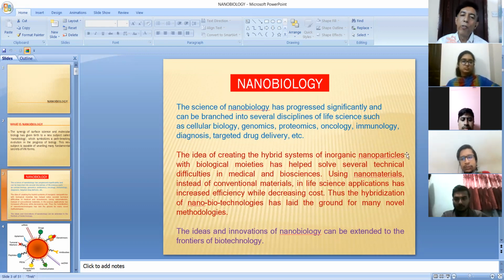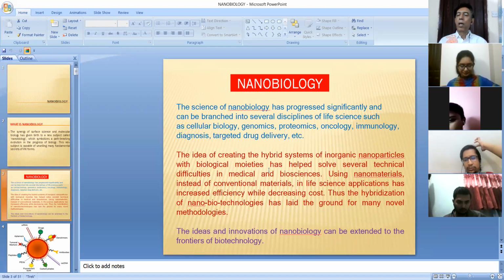So the idea of creating a hybrid system of inorganic nanoparticles with biological moieties. So in nanobiology, there is a hybridization of inorganic nanoparticles. Inorganic nanoparticles means, say for example, iron, gold, silver atoms.